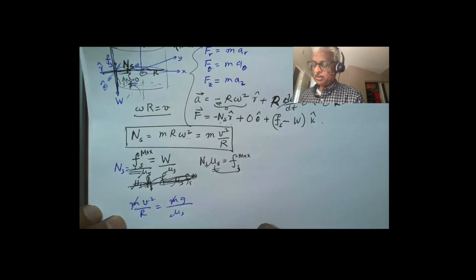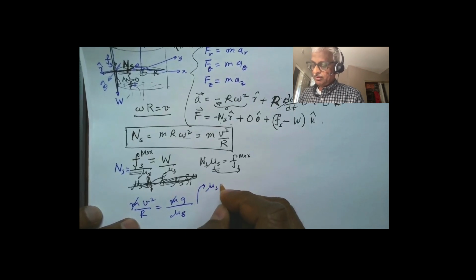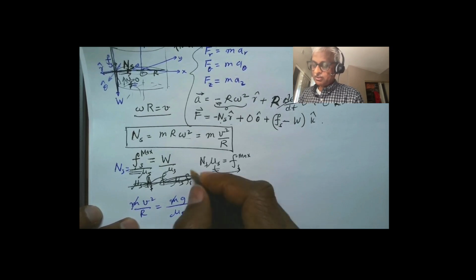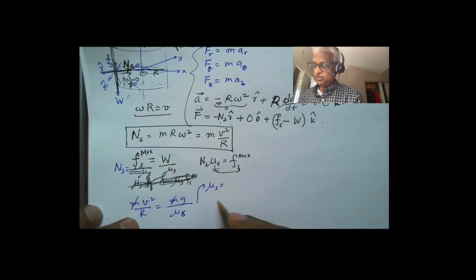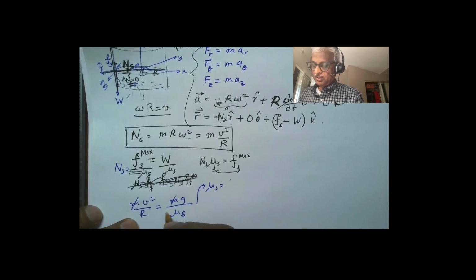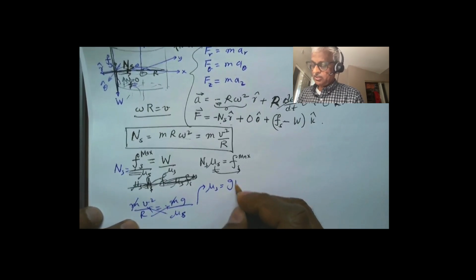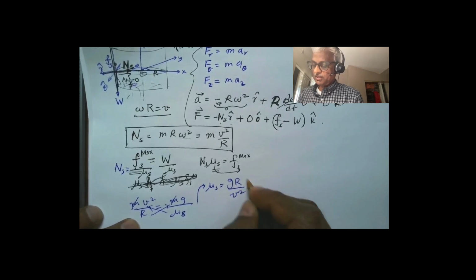The mass got cancelled out. So mu s has to be at least greater than this, otherwise it's not going to be stable. Mu s has to be equal to g r over v square.